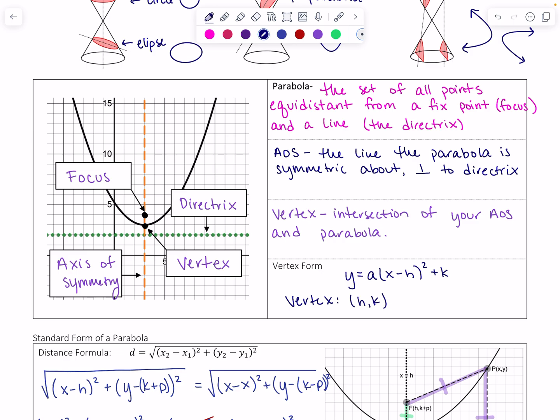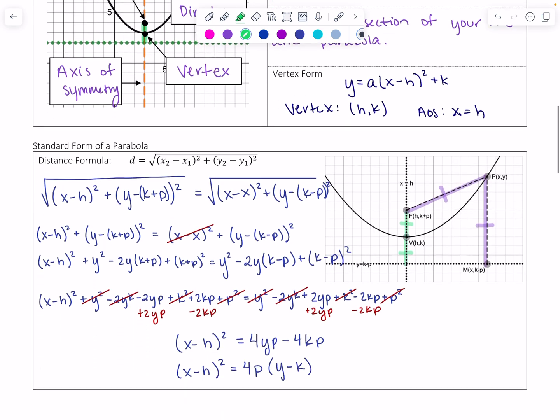And our axis of symmetry is at the equation x equals h. Now we're breaking it down a little more. This value between your vertex and your focus, and between your vertex and your directrix, hopefully you can see where I'm highlighting, those values are going to be the same. That's what's called our p-value.